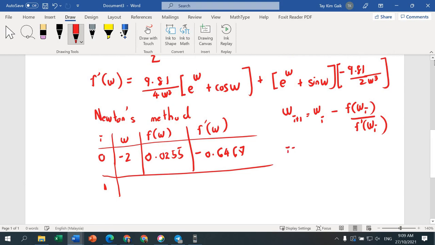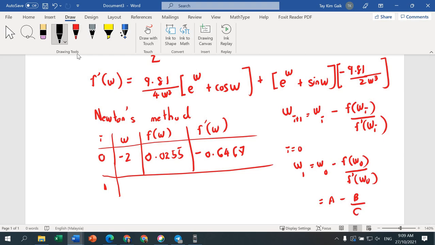When you start with i equal to 0, you will get w1 equal to w naught minus f w naught divided by f prime w naught, which in your calculator is A minus B divided by C. This is A, this is B, this is C. Then you obtain w1. I indicate this because you have w, f w, f prime w, so many rows. So this is w naught, f w naught, f prime w naught.